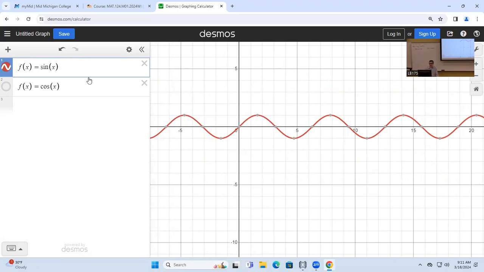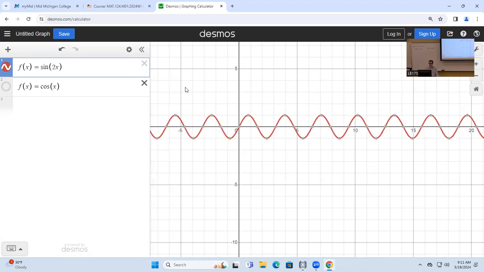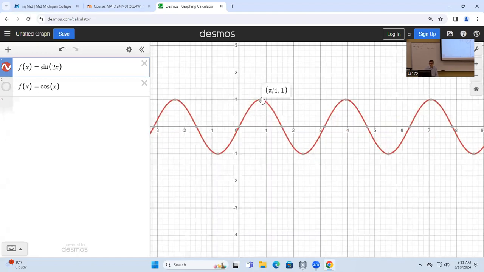Putting a number inside, let's say we put the number 2 inside. Oh, that's a horizontal stretch or shrink. Shrink in this case because it's a 2. So now that x value of my top point changes from pi over 2 to pi over 4, right? So we got a horizontal shrink, got half.